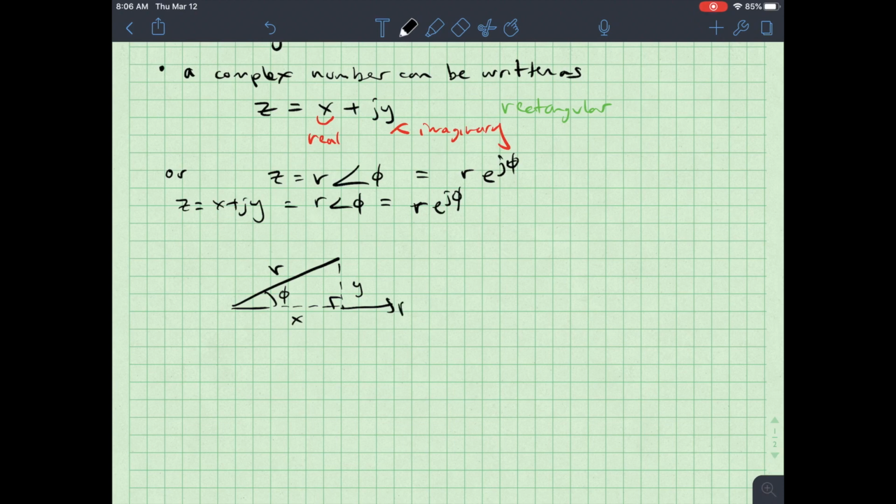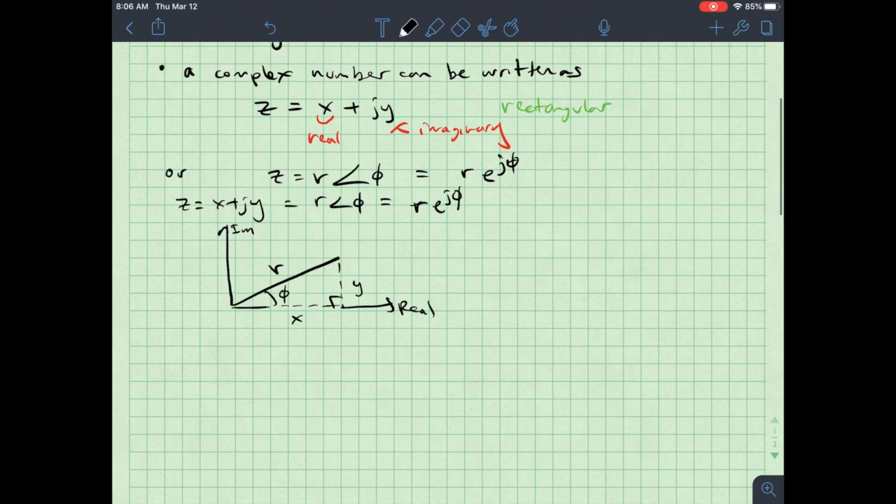If I plot this on a plane, I make the real part correspond with the horizontal axis, and the imaginary part correspond with the y-axis, the vertical axis. This representation using rectangular, polar, or exponential form allows me to capture the entire area of that plane by defining those values. So let's start with how I get X if I'm given R and phi.